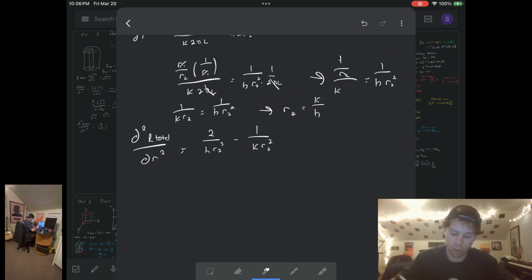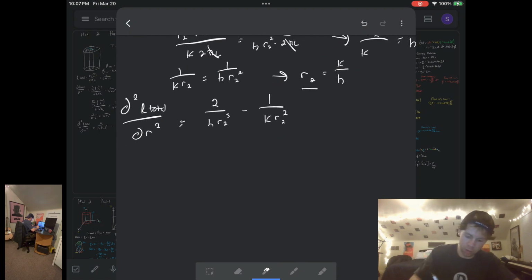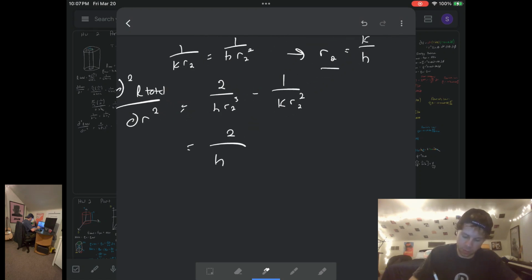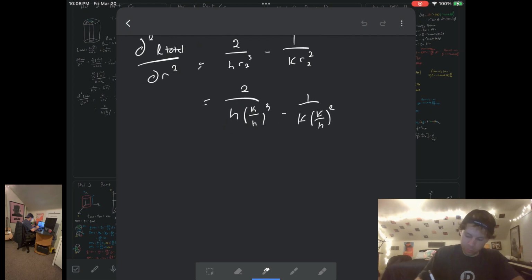If we plug in our value for R2, or our outside radius, we'll get 2h squared over our thermal conductivity minus h squared over our thermal conductivity cubed.